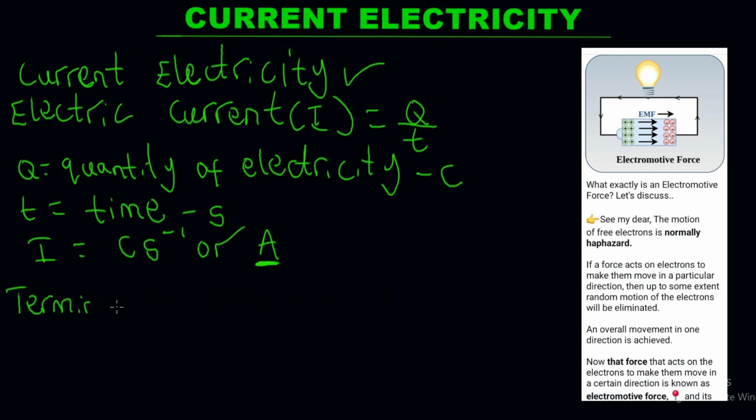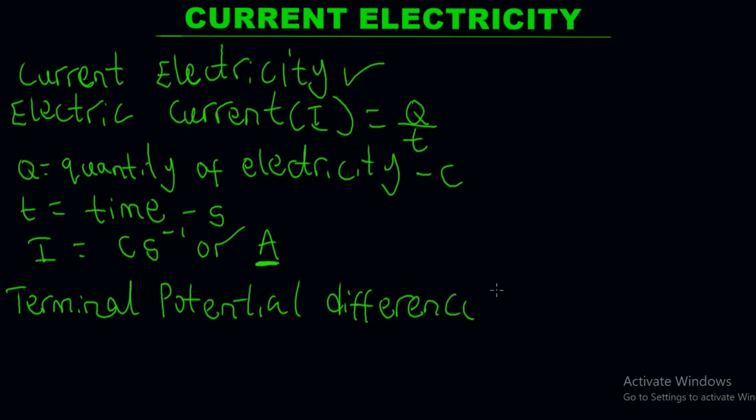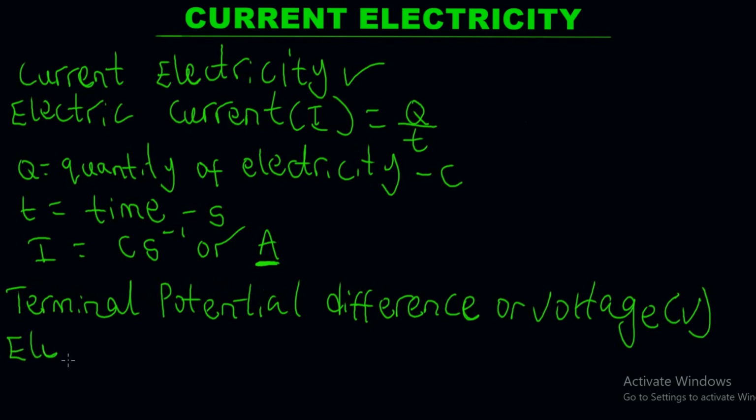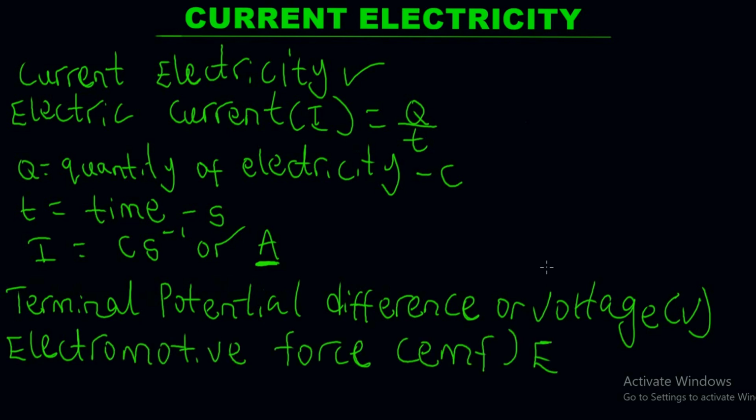We have the terminal potential difference, or your voltage, the one you know as voltage. That's the V. And we also have electromotive force, E.M.F, which is usually represented with the letter E.